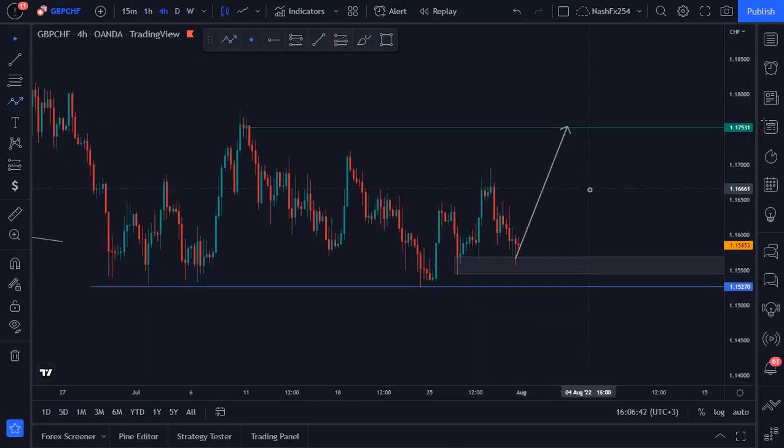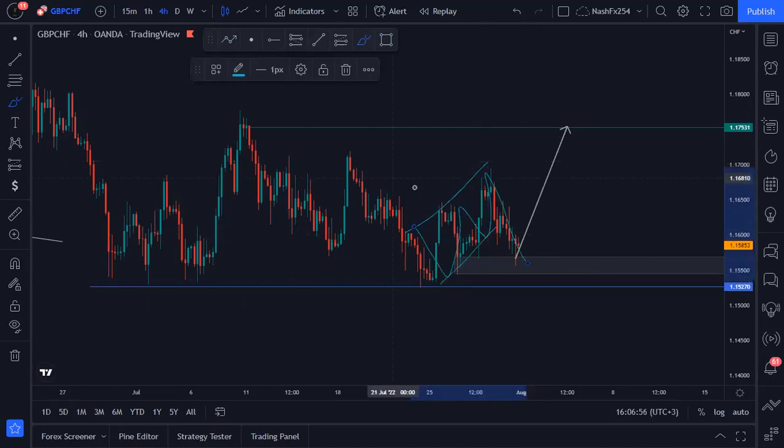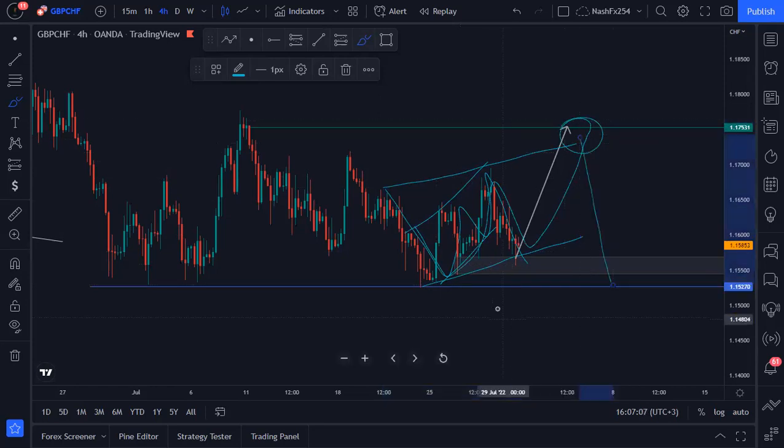before we see that push again to the upside. Okay, and what I'm seeing with such deep pullbacks is there is a high chance that we might be forming a pattern in these levels, because as you can see, we had this 3-touch pattern over here that gave us this downside. And after that we still have this pattern forming, which if it plays out, we might get this third touch over here, and then we drop again to the downside.